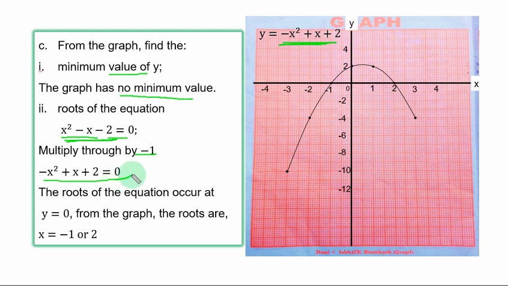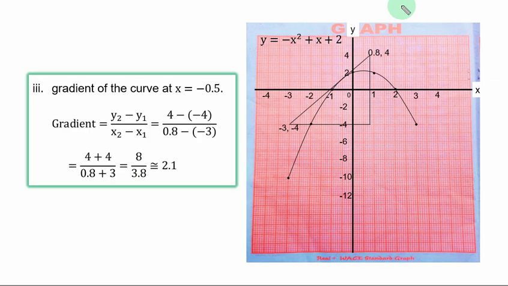Now, the right hand side is 0. If you replace the left hand side with y, because this equation is equal to y, the roots of the equation occur at y equals 0. That is the point of contact of the curve with the x-axis. At that point, y is 0. And you have minus 1 or 2 as the roots of the equation.